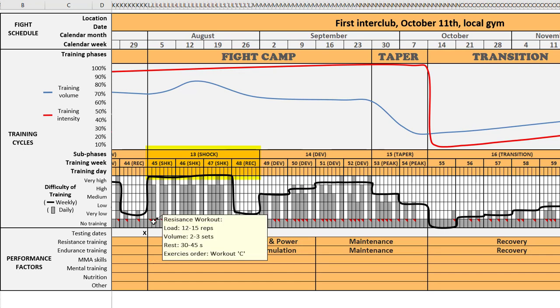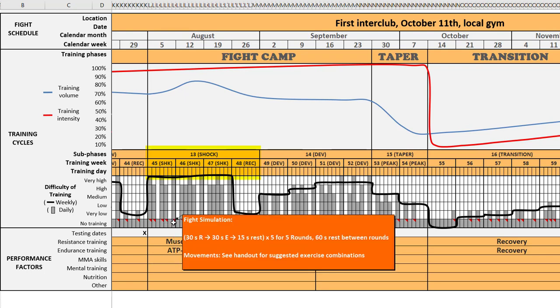For the resistance workouts, the first one focuses on muscle endurance in the 12 to 15 rep range. Then you can see the second resistance workout, where we're mostly working on 3 to 4 reps. The important thing to note is that it's with workout D, which means it's a power workout. And then we have a fight simulation as well.